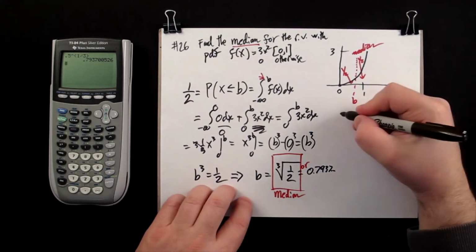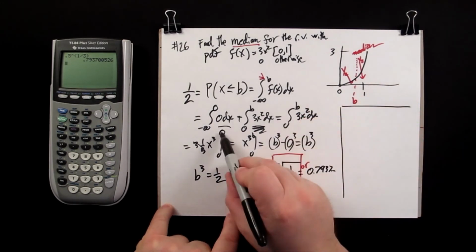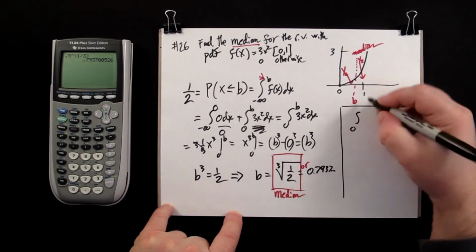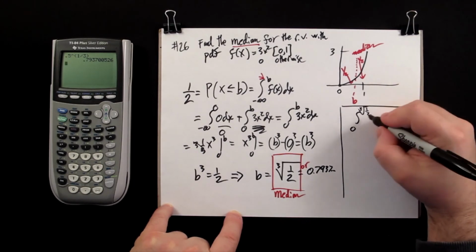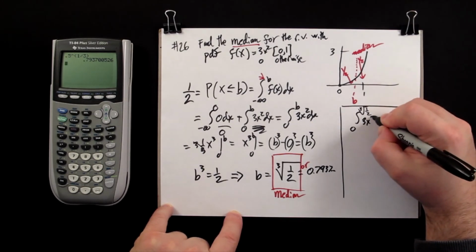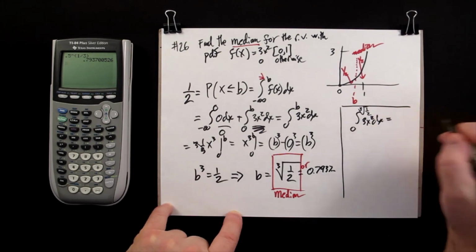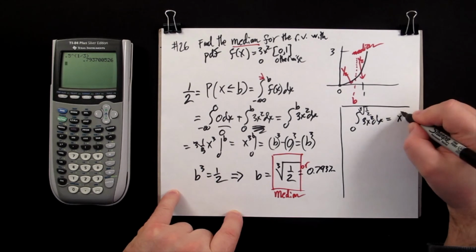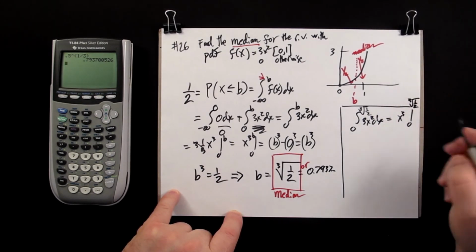And just to check that it works, this piece was 0, so I'm just going to evaluate this one. So 0 to the cube root of a half of 3x squared dx. This better end up being a half once we do the computation. So the antiderivative here was x cubed, and we're evaluating from 0 to the cube root of 1/2.